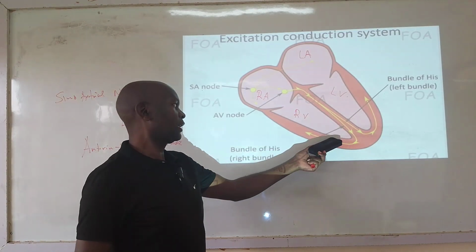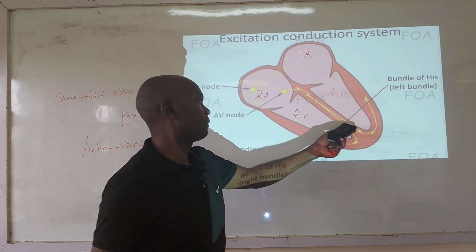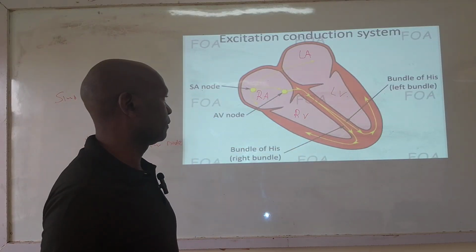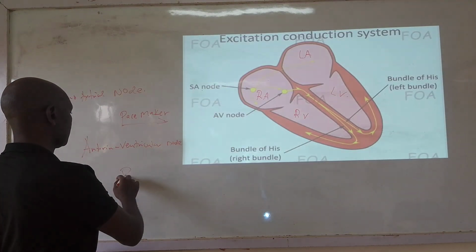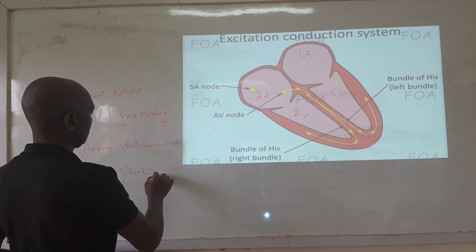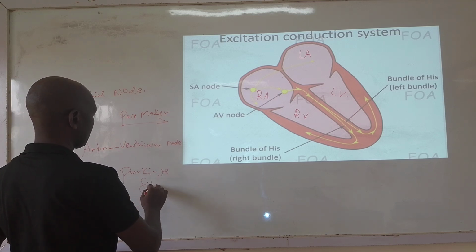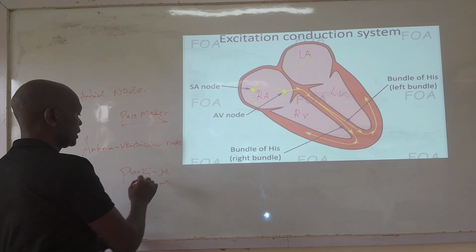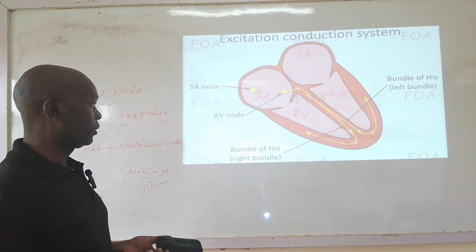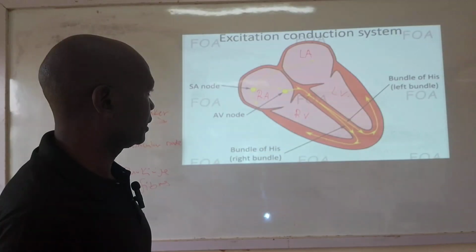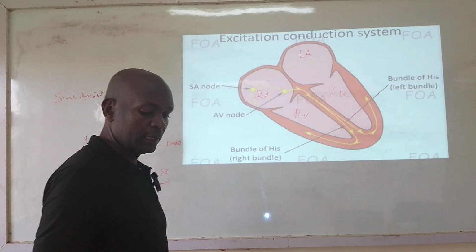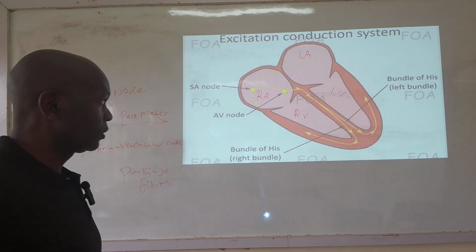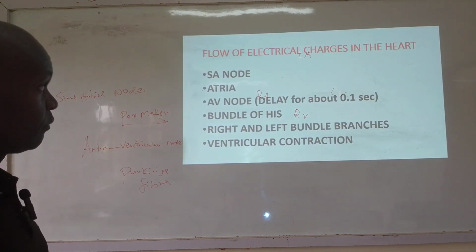Then this charge will come up to this ventricle and also to the left ventricle through the Purkinje fibers. So these are the fibers that will become depolarized and then initiate muscle contraction of the heart.